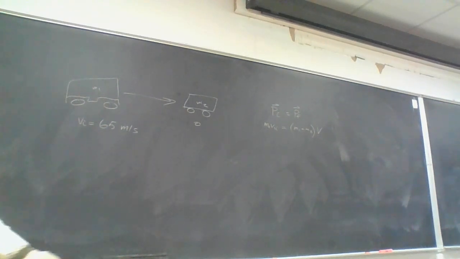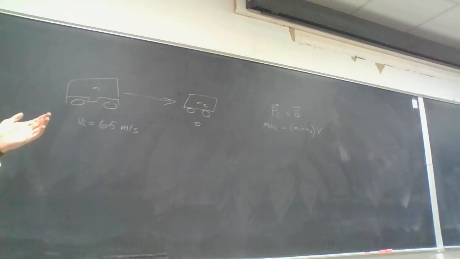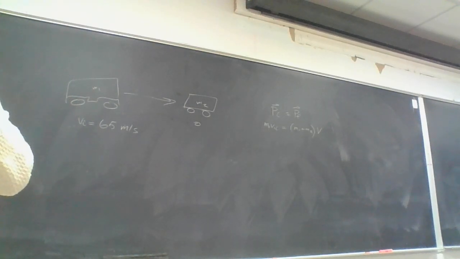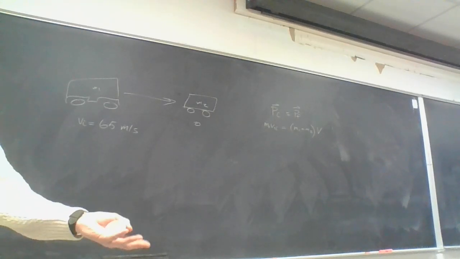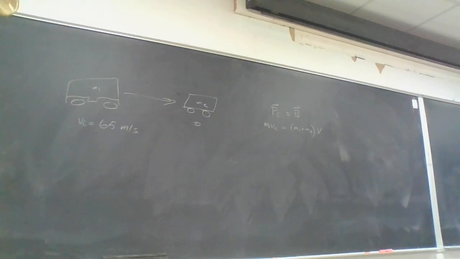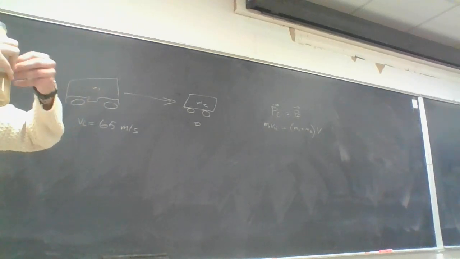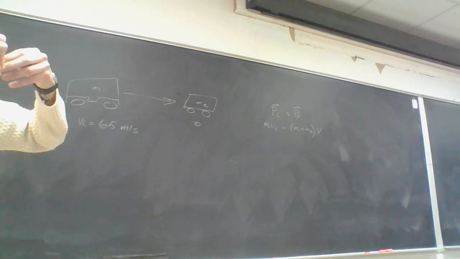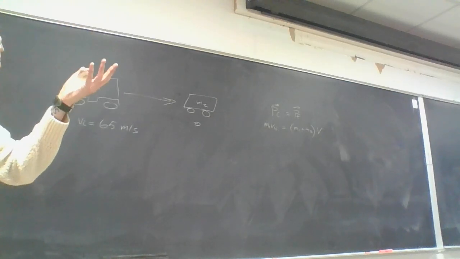It's an idealized situation, because no matter what, when two things collide, there's going to be some dissipation of energy due to heat, and so kinetic energy would not be conserved in that case. They say perfectly elastic because that allows you to solve problems without having to worry about things like heat. Sound is also dissipation. Yes, because if they make sound, it takes energy away from the system, because the sound waves have to displace air molecules, and that takes energy away from the system.